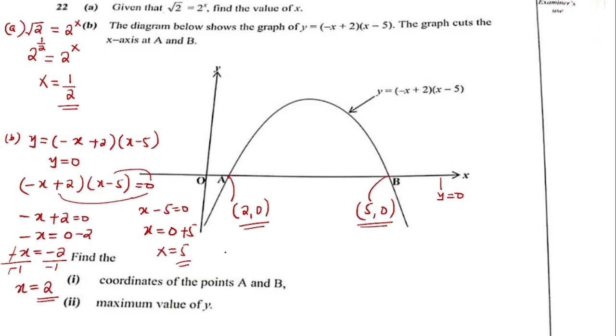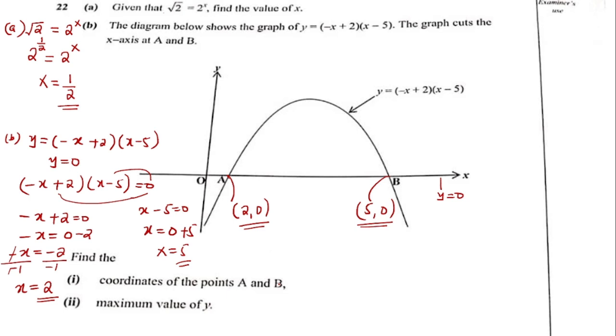Okay. Then we are told there to find the maximum value of y. Okay, I think the easiest is, you can even use that one where we can find the equation of the line of symmetry. After finding the equation of the line of symmetry, then you substitute in that equation to find the value of y. Now what's the equation of the line of symmetry?